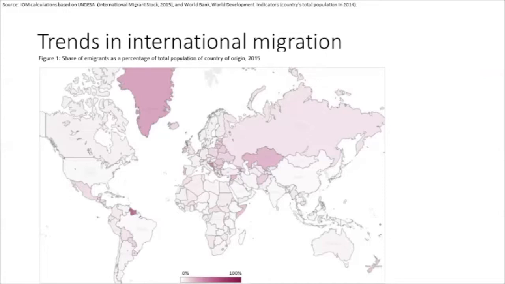On this map you can clearly see that it's the poorest countries, or countries where there are major conflicts, which have the highest shares of emigrants. If we look at Northern and Southern America, we can see, for example, that Mexico and a couple of other Southern American countries like Peru and Bolivia have a high share of emigrants.